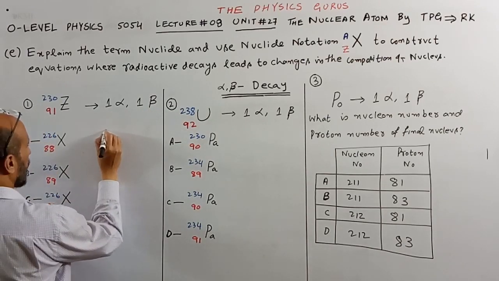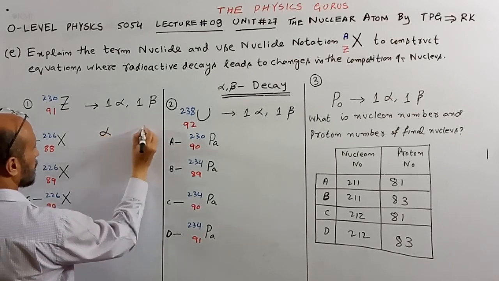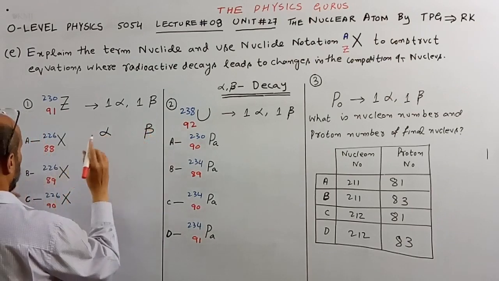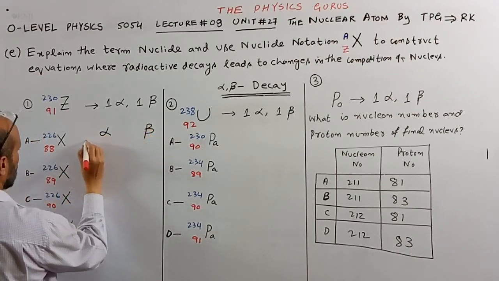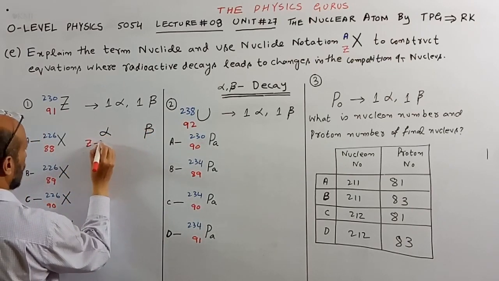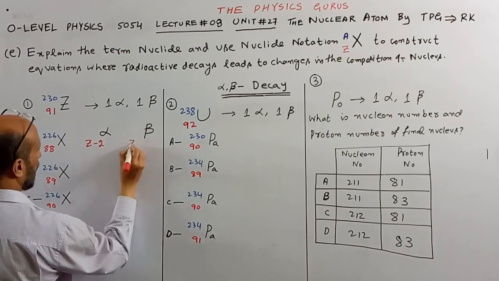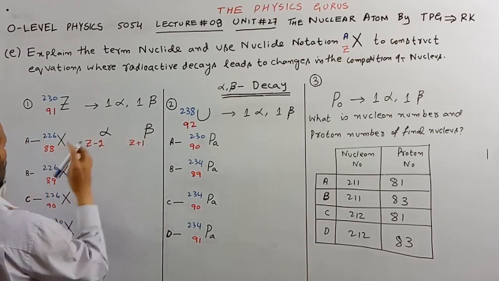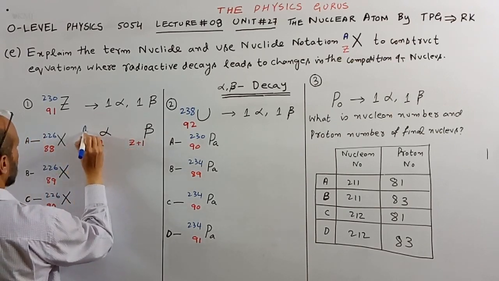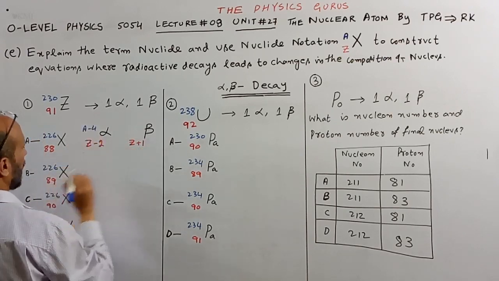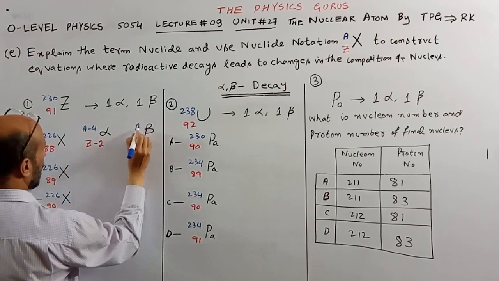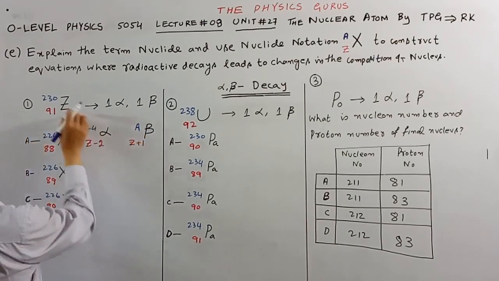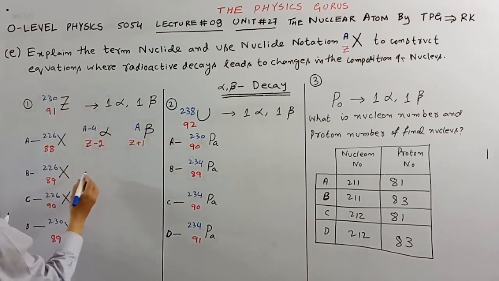We know that for an alpha particle, the value of Z is reduced by 2 and the value of A is reduced by 4, and for a beta particle, the value of Z is increased by 1 while the value of A remains as it is.